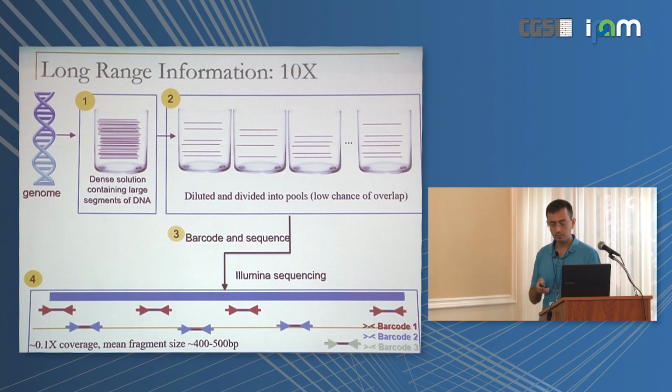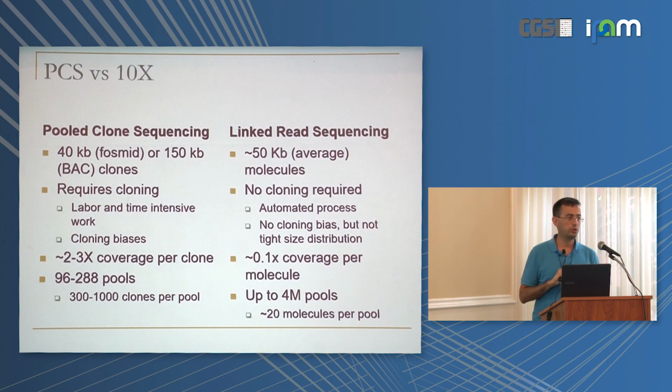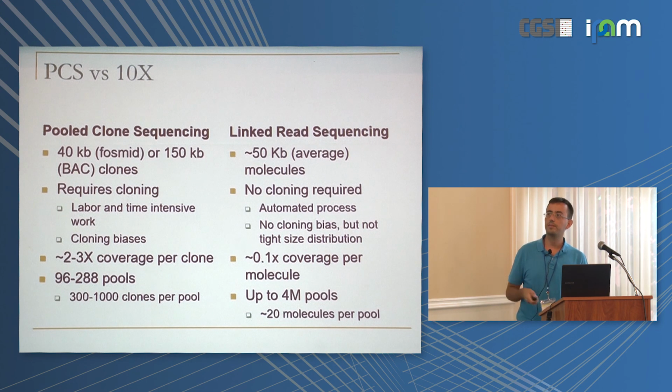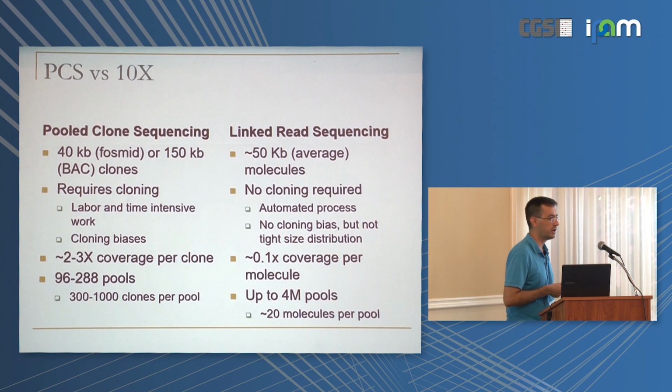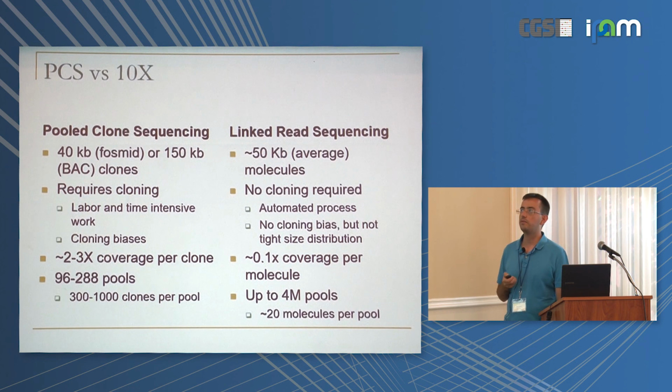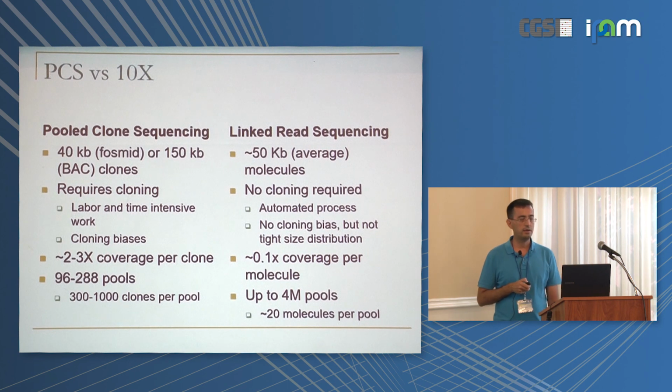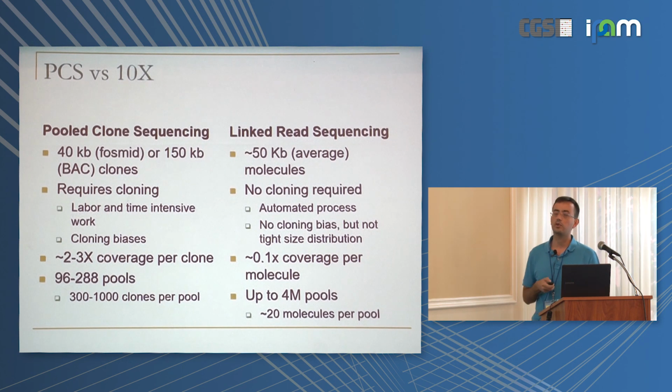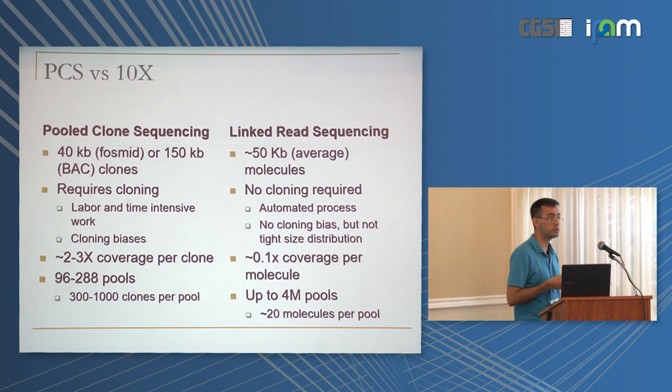So the differences between pooled clone sequencing and 10x are as follows. With pooled clone sequencing, we use cloning, and we can have 40 kb or 150 kb clones depending on the vector that we use. In linked read sequencing, we have an average of 50 kb. I heard yesterday that now you can get about 200 kb molecules with 10x.